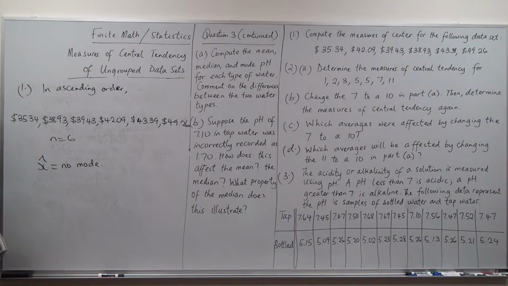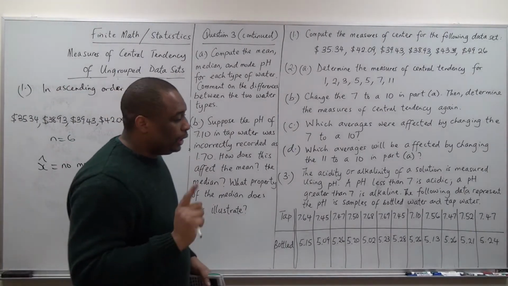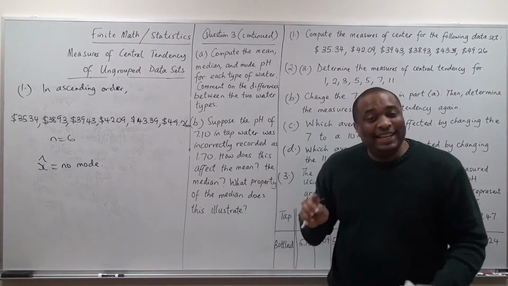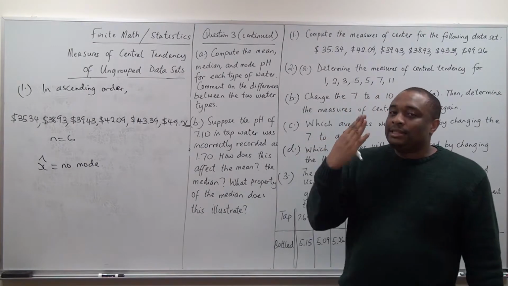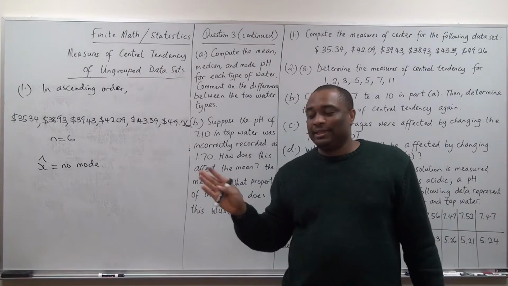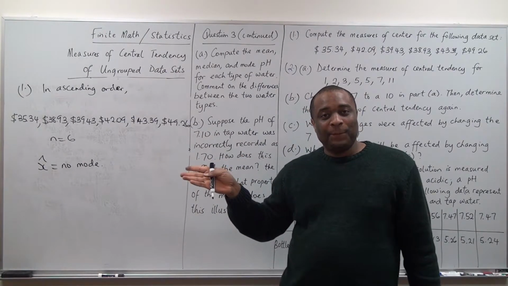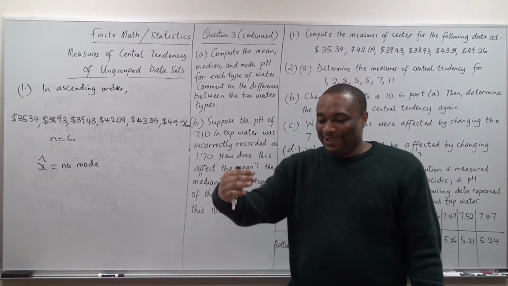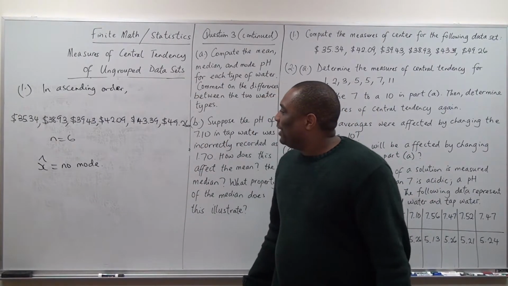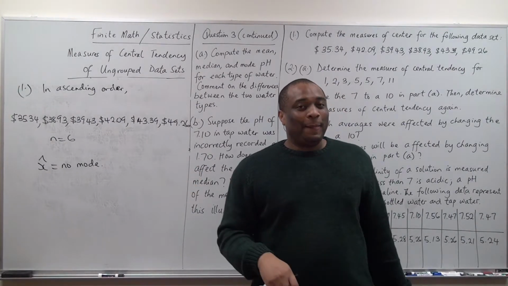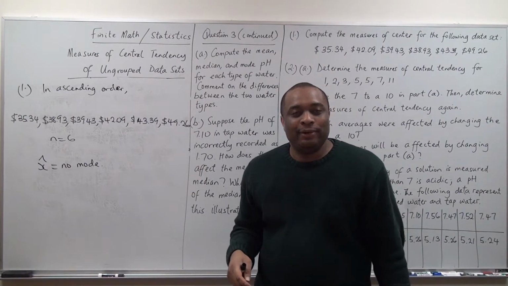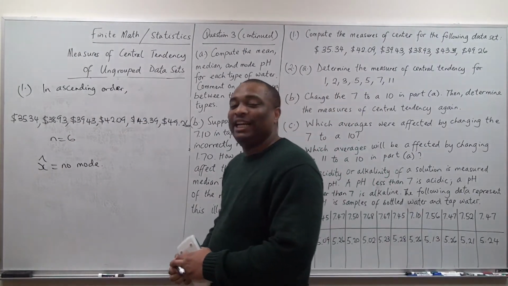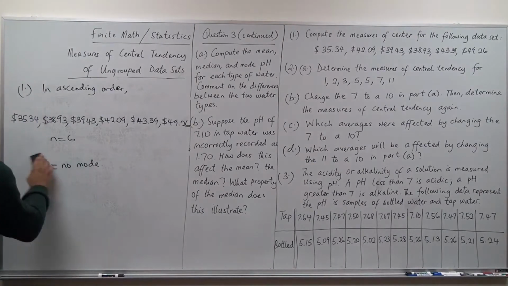Now the mode is not 0. It's just no mode. Some instructors will give this as multiple choice, and one of the options will be no mode, and another option will say 0. Some folks, you're rushing, you can't put 0. No. The mode is no mode. Just take note of that.